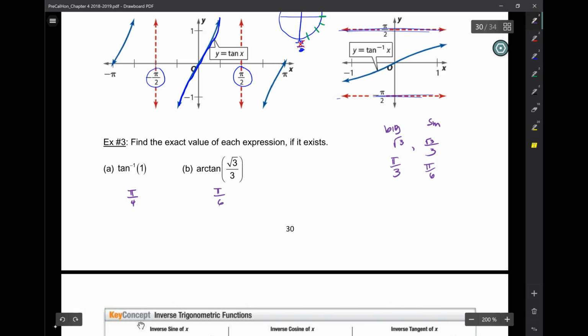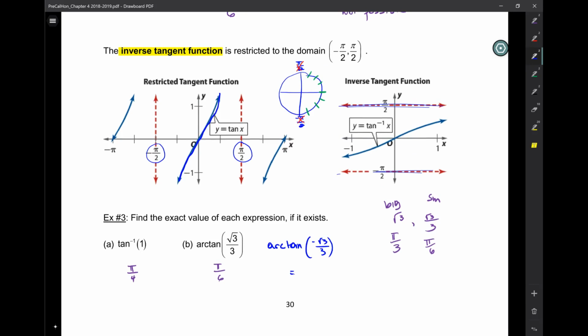So what if you were asked for arctan of negative root 3 over 3? Okay, so 5 pi over 6 is here, which is outside its domain.